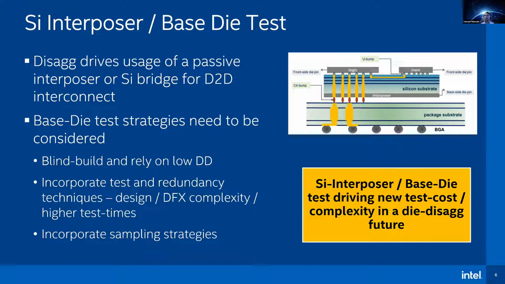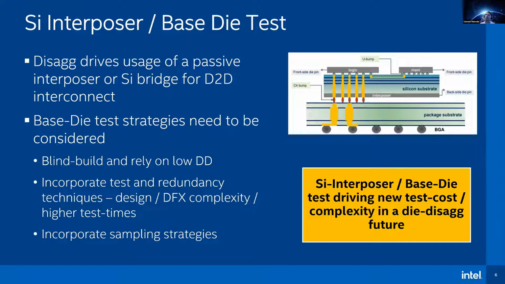And all of these techniques need to be incorporated and have an impact in terms of test complexity, test times, on how much you want to do, how many repairs you want to find, how do we do that repair, how do we propagate that to all of our next test steps.